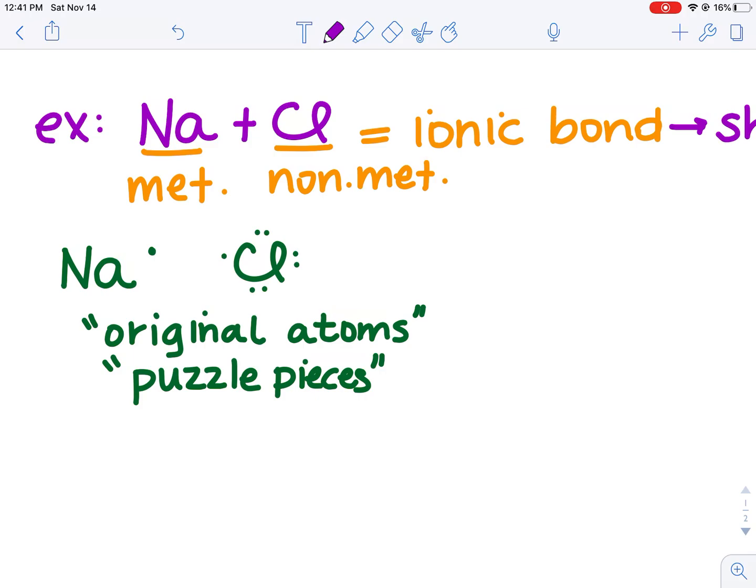The nonmetal chlorine, on the other hand, has a high electronegativity. It's really good at gaining electrons, and it has a high ionization energy. It takes too much energy to remove its electrons. So I literally show the loss and gain using an arrow. I'm showing the electron from the metal, how it's going to move from that spot and be accepted by the chlorine.